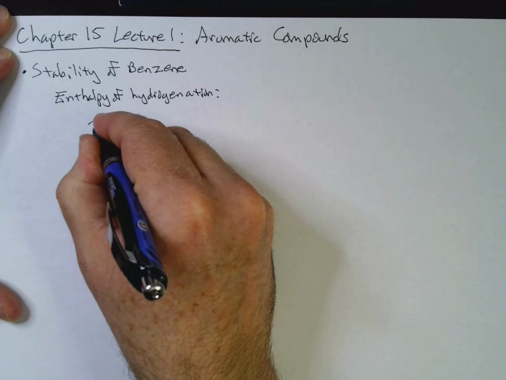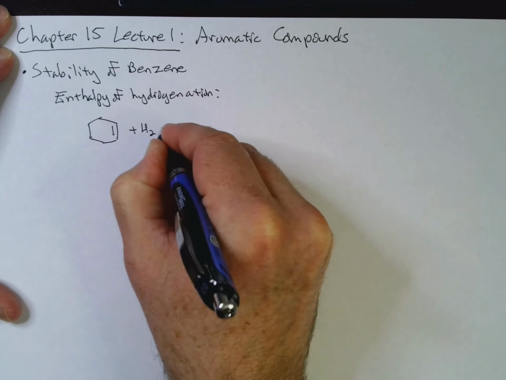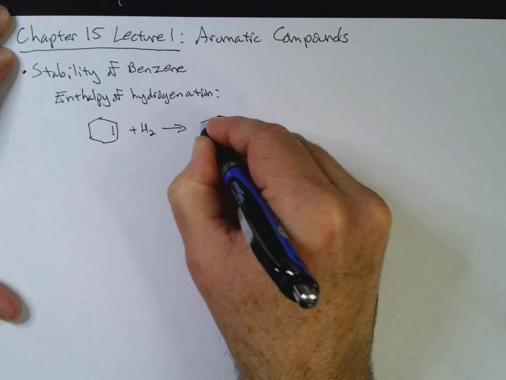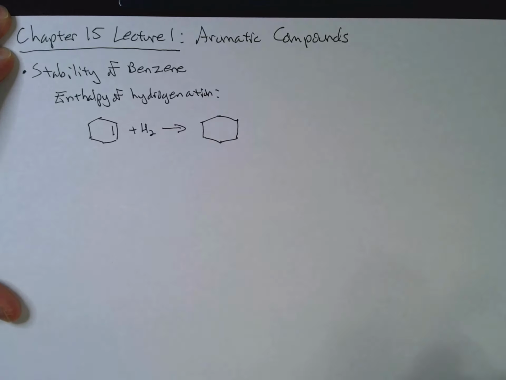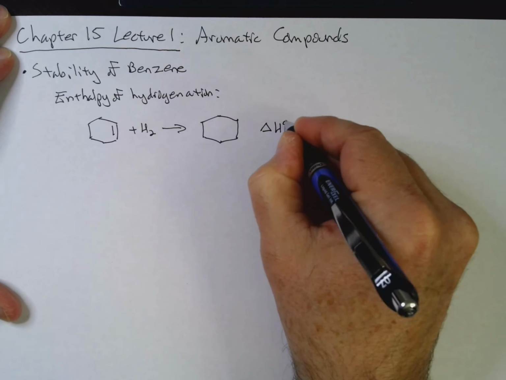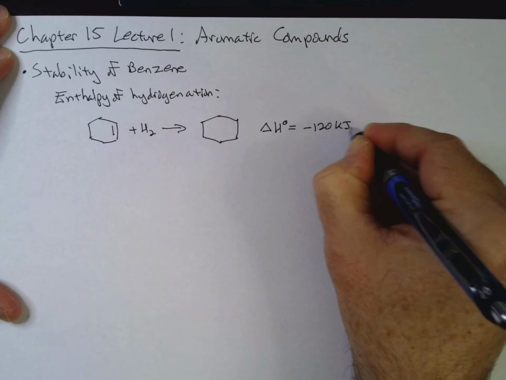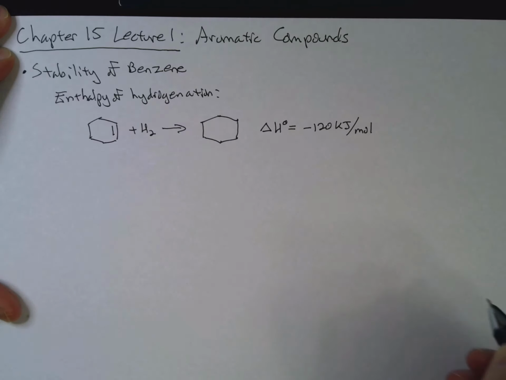Let's take, for example, cyclohexene. If we hydrogenate it and make cyclohexane, our delta H naught here is around minus 120 kilojoules per mole.